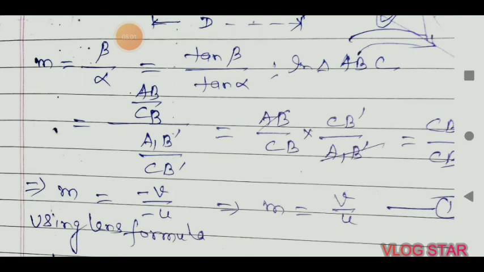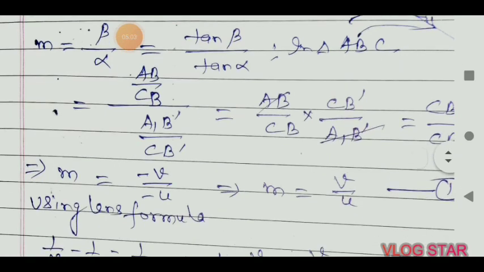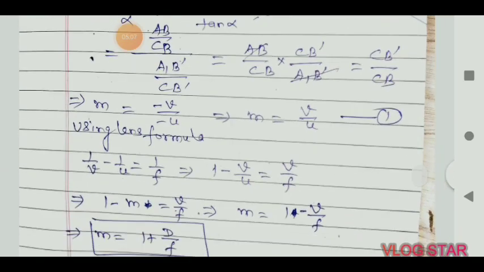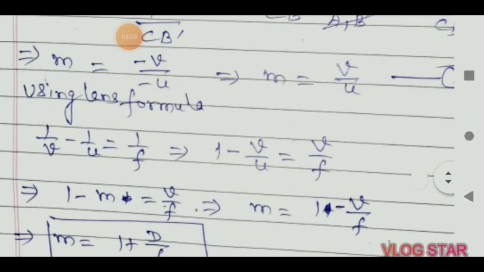Now we will use the lens formula with proper sign conventions: 1 by v minus 1 by u is 1 by f. Multiplying both sides with v, it becomes 1 minus v upon u equals v upon f, or with further simplification, m is equal to 1 minus v upon f.